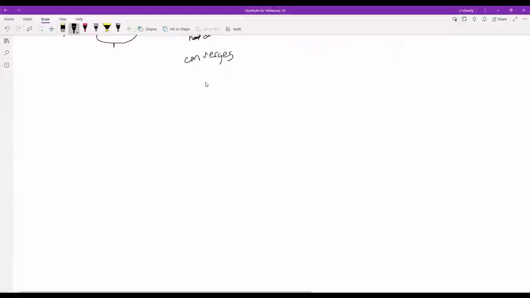Moving on to number 13, which, let me just find it really quick. Okay. Three to the n times n squared over n factorial. So when I see the factorial, that immediately tells me that I should use the ratio test.